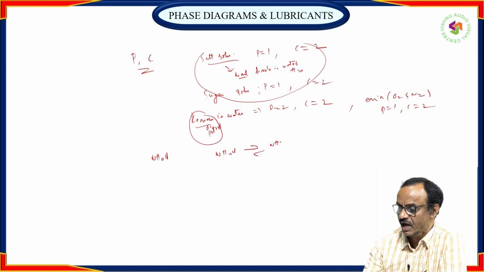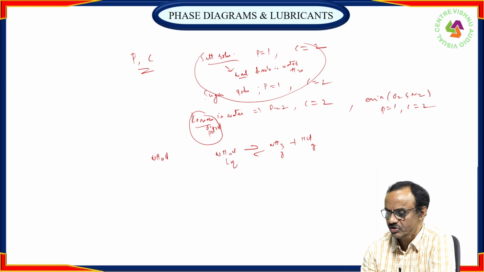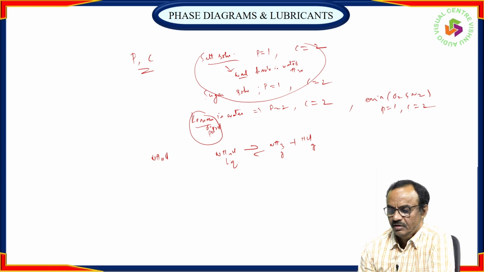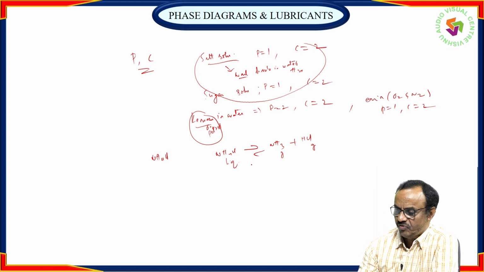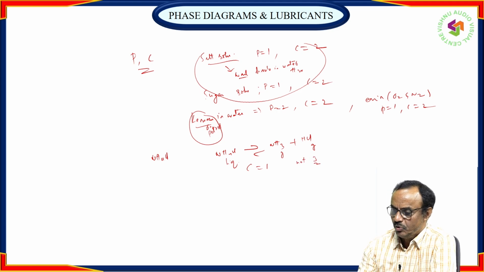It converts into NH3 plus HCl. One is a gas, the other is also a gas, but NH4Cl is a solid. Some exceptional cases, even though their chemical constants are different, components is called 1, not 3, because when you combine both, you will get this one.